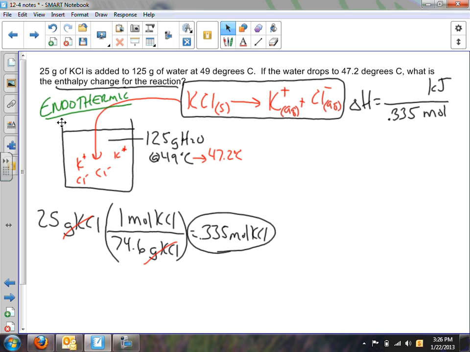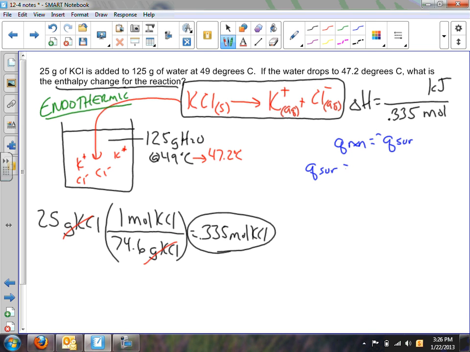Well, in our lesson today, in our notes, we have 2 equations. We have the Q of the reaction is equal to negative Q of the surroundings, and the Q of the surroundings is equal to M times C times delta T. In this case, I know that I have 125 grams of water, and the water's temperature went from 49 to 47.2.